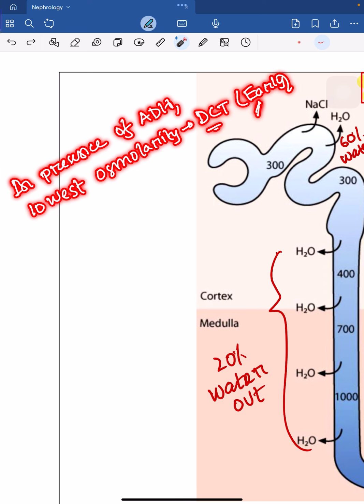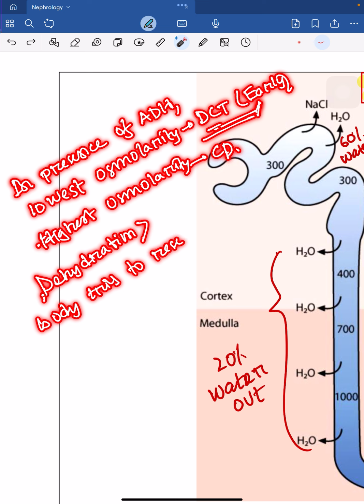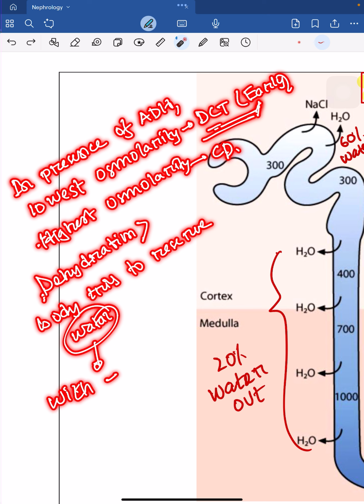This will be termed as the early distal convoluted tubule, and the highest osmolarity should be at the collecting duct, as the patient is in dehydration and the body tries to conserve water. So water is absorbed with the help of ADH.